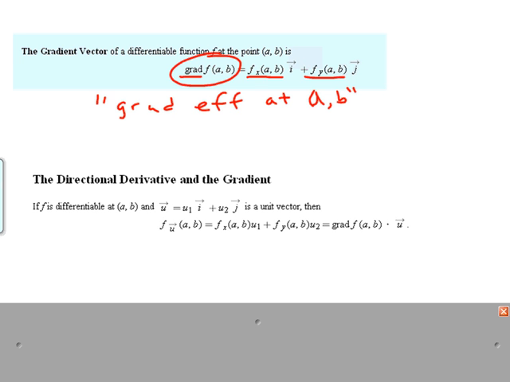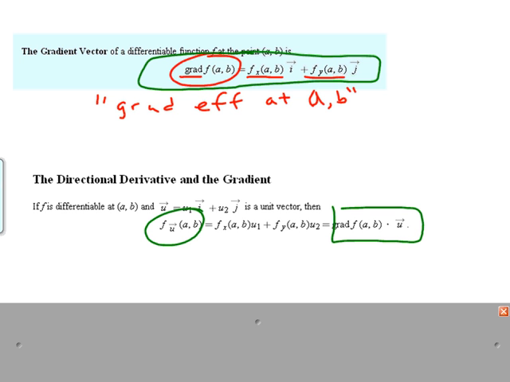So the important takeaway from this: we're defining an important vector, the gradient vector, and our directional derivative equals grad f dot u, where grad f is our gradient vector and u is our direction vector.